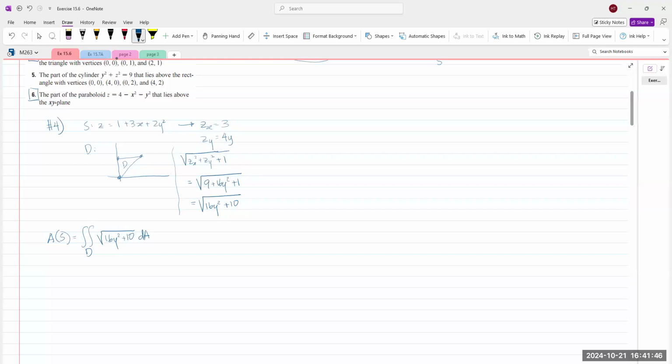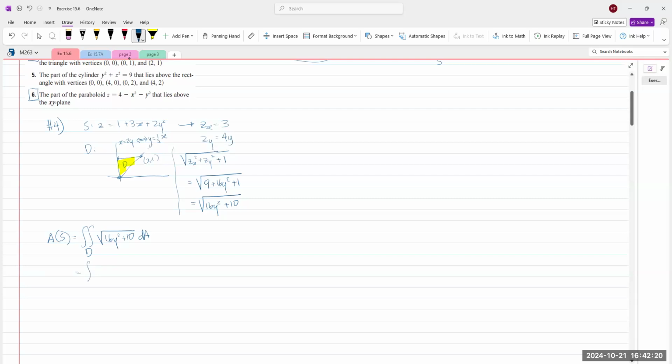Looking at the domain D here, what is the line here? This is (2, 1). So this is y equals 1/2 x, right? Or we can also say this is x equals 2y. I think that's what I will do.